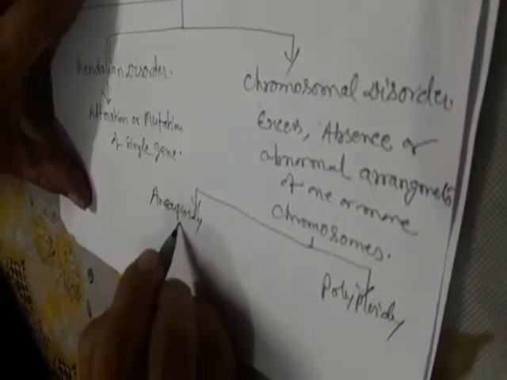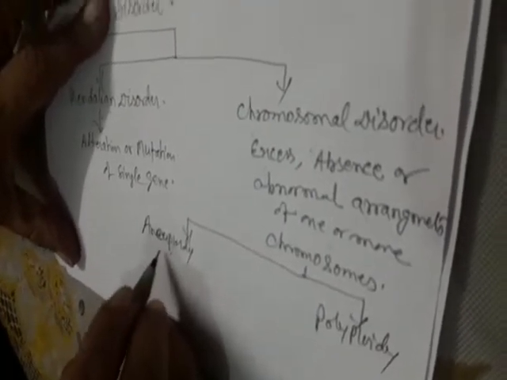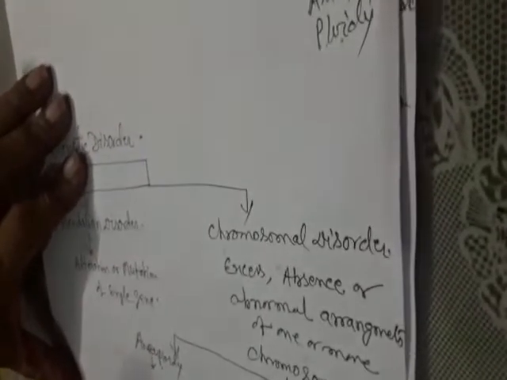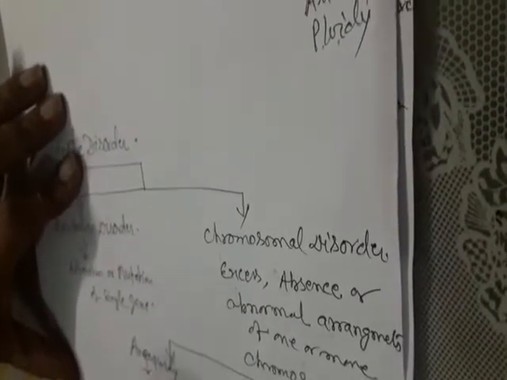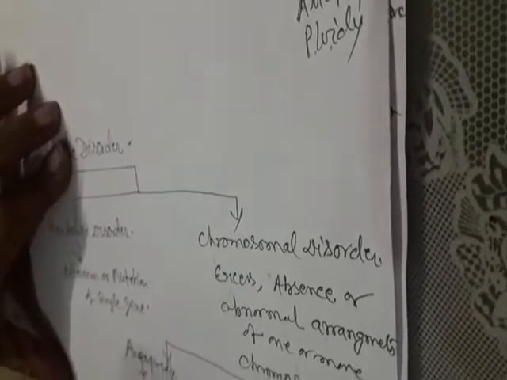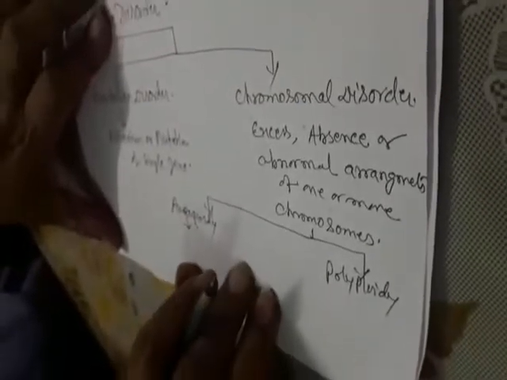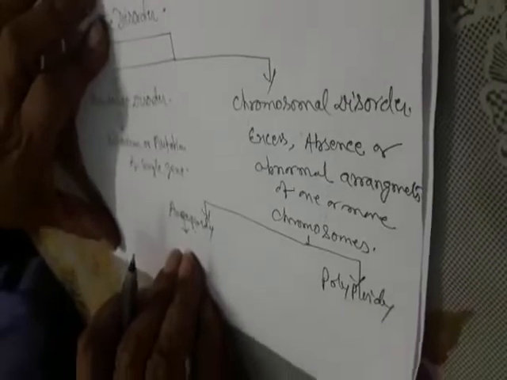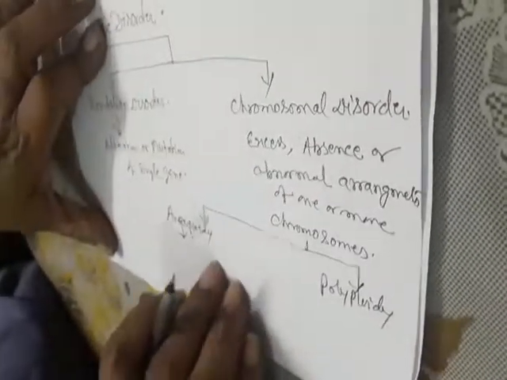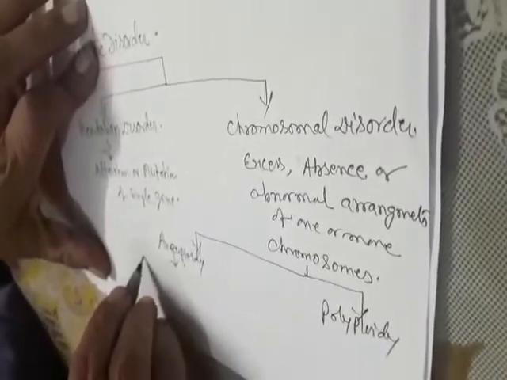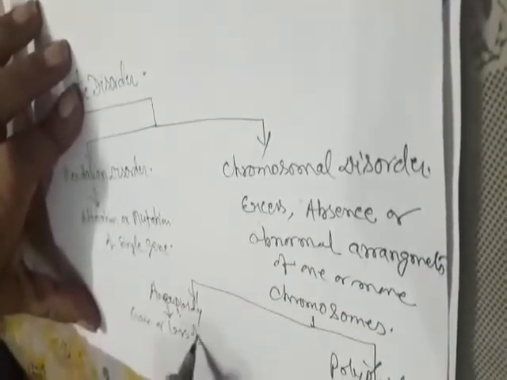Aneuploidy are those types of disorders in which sometimes chromatids fail to segregate during cell division, resulting in gain or loss of chromosome. In aneuploidy, gain or loss of chromosome.